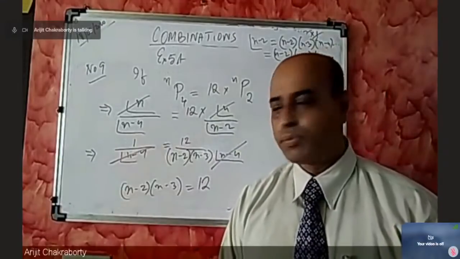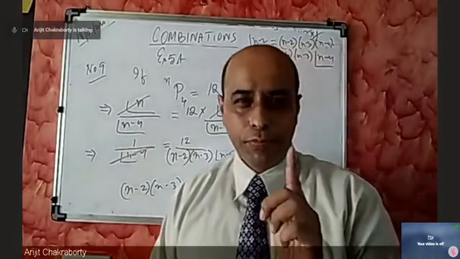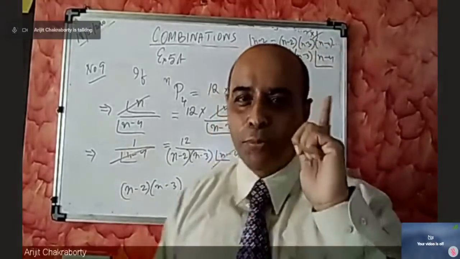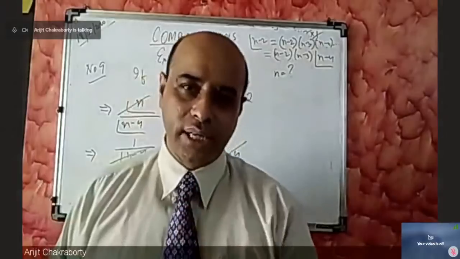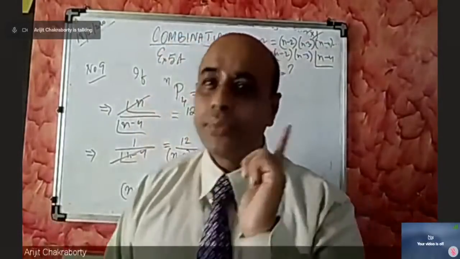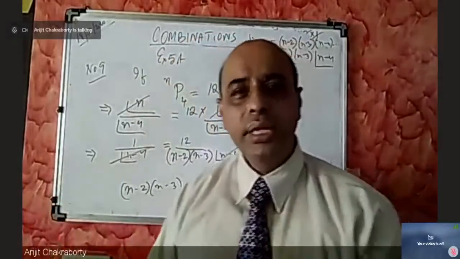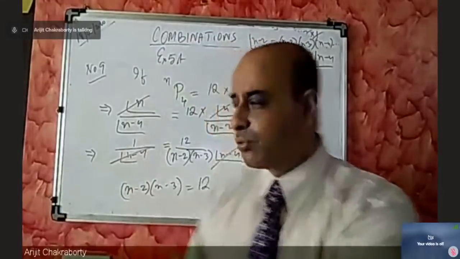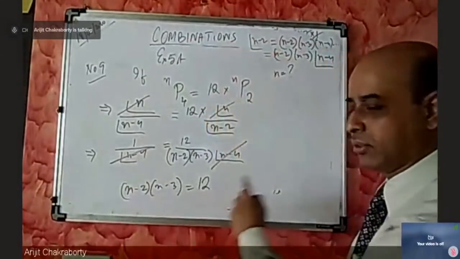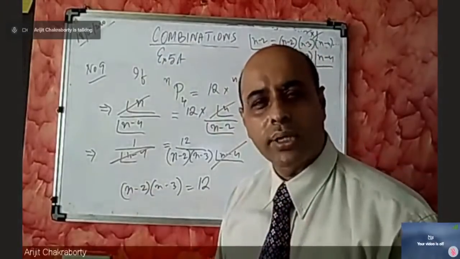Right? I hope this is clear. (n minus 2) into (n minus 3) equals 12. Again, we go back to our knowledge of quadratic equations. It's a revision of equations also. That's why we did equations earlier, so that we can handle these types of situations. So we have (n minus 2) into (n minus 3) equals 12. Let us multiply and see what happens.